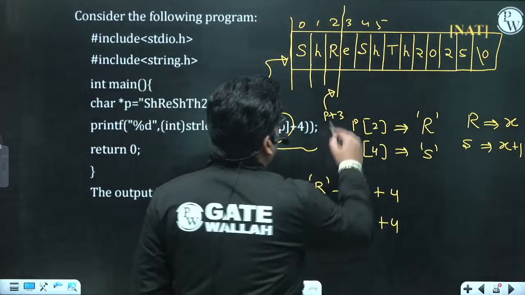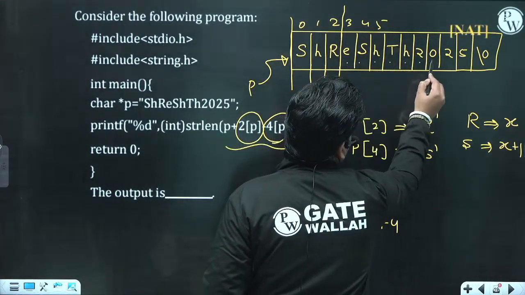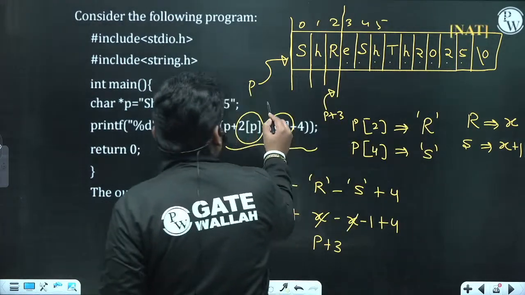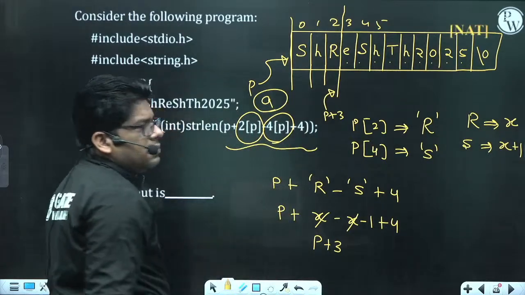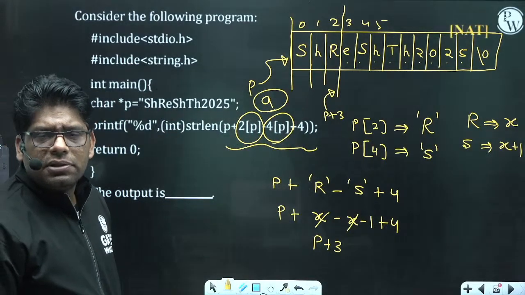That is why 1, 2, 3, 4, 5, 6, 7, 8, 9. So the correct answer is 9. Simple.